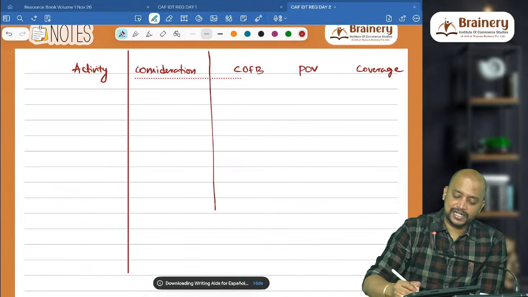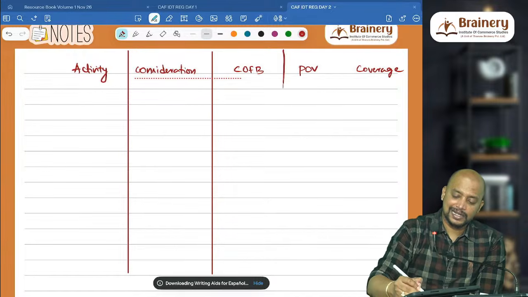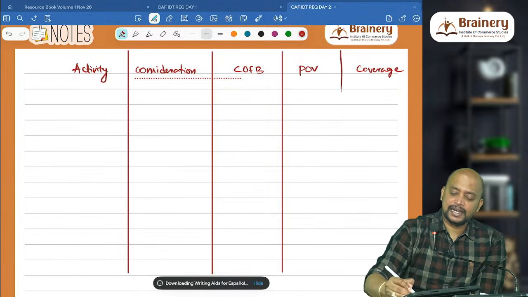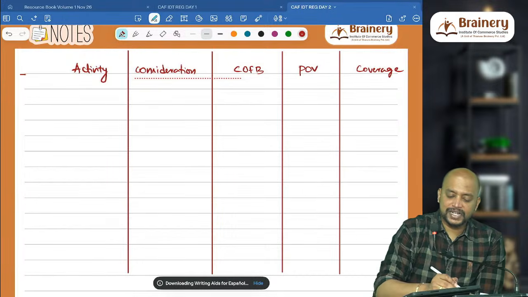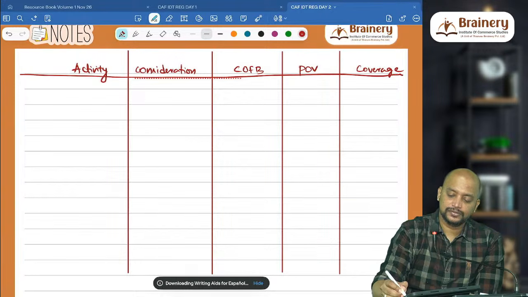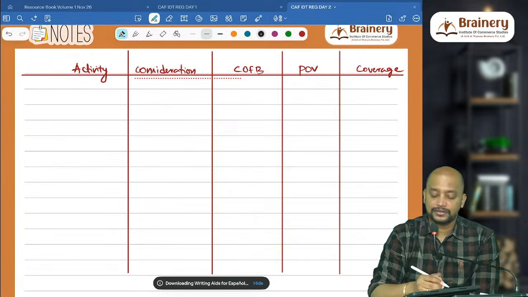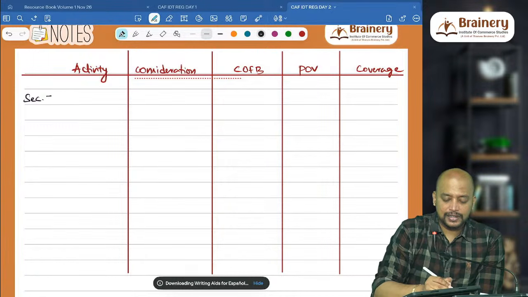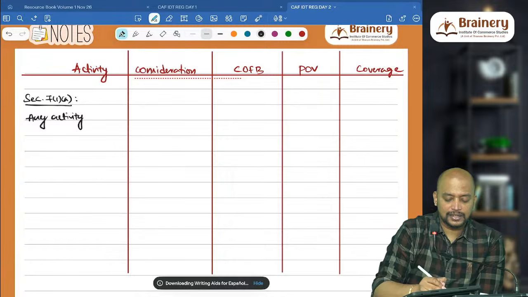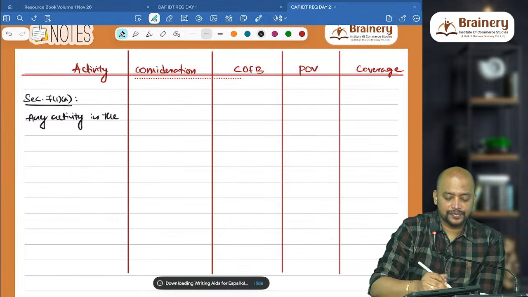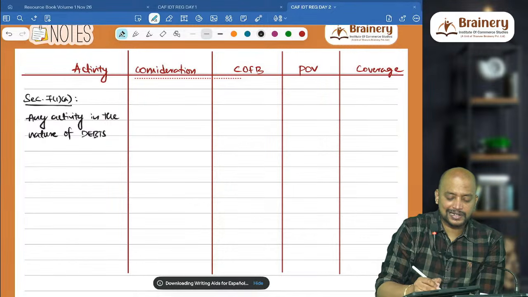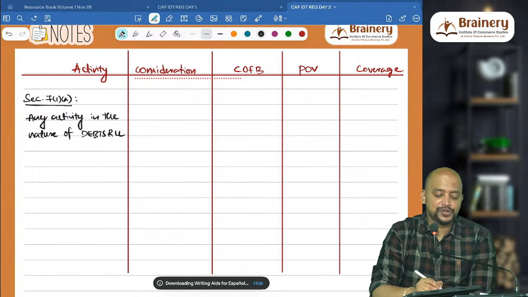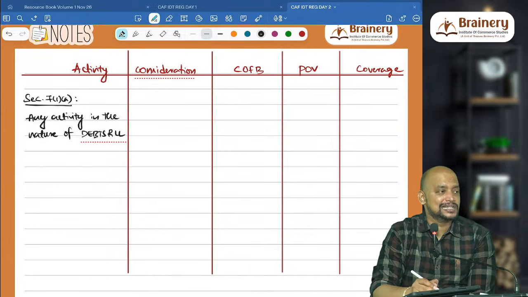What is the first one that we saw? 7.1a. What is 7.1a activity? Any activity, correct? Section 7.1a, any activity in the nature of disposal, exchange, barter, transfer, sale, rental, lease, license.